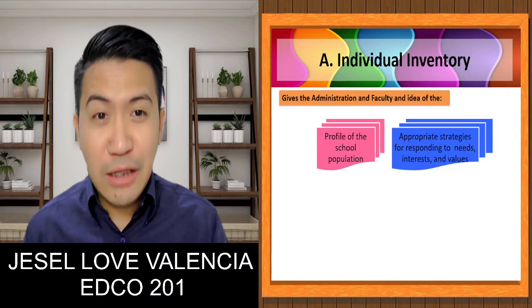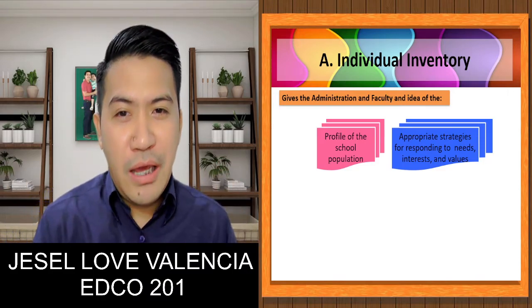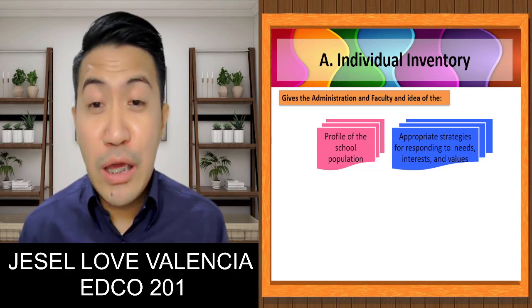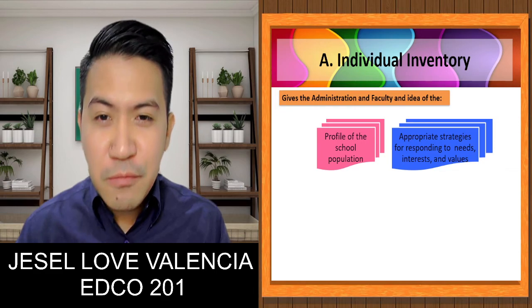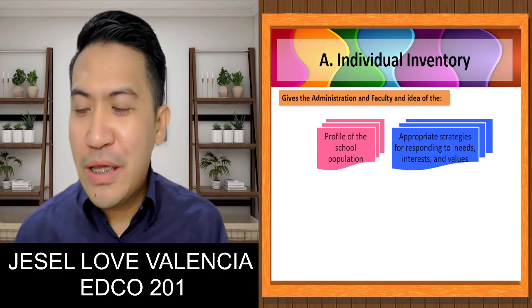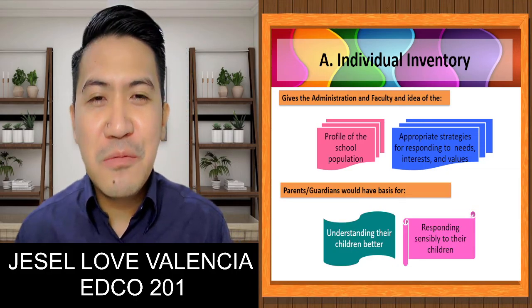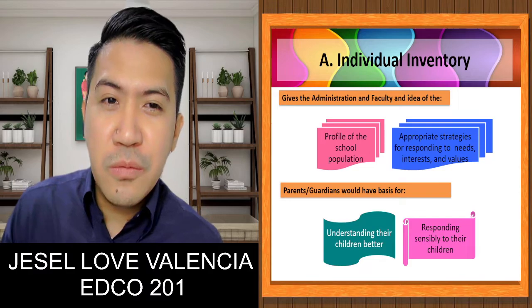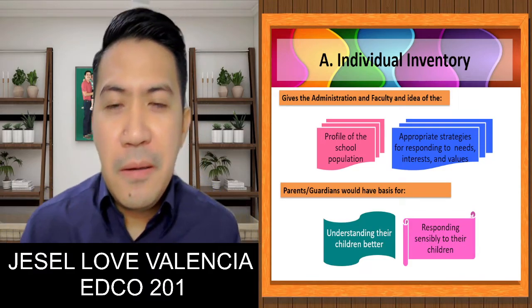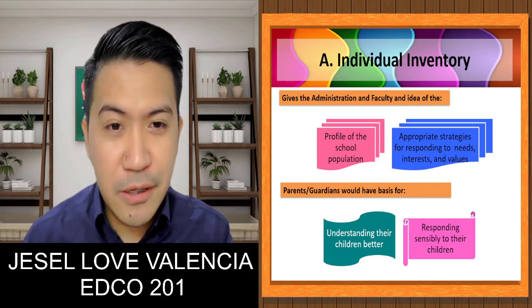So with the help of this individual inventory and with proper planning, we were able to cater to and facilitate everyone to enjoy that certain kind of activity. So that is one thing that we can appreciate with our school, implementing or practicing individual inventory.